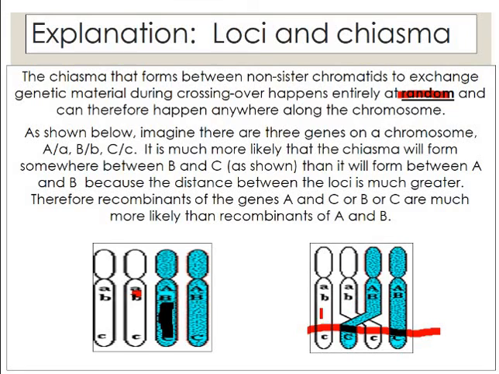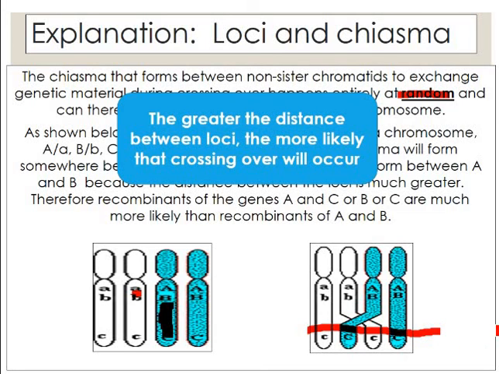So as we see in this image, a chiasma has formed between A and C or B and C, just because there was a lot more space there. These alleles are located further apart, still on the same chromosome, but further apart, so it is easier to separate them at crossing over. The greater the distance between loci, the more likely that crossing over will occur.